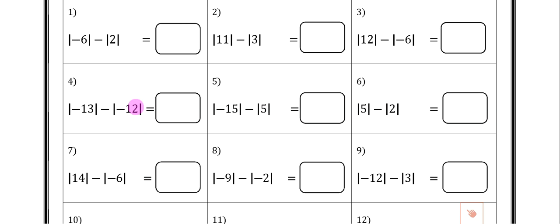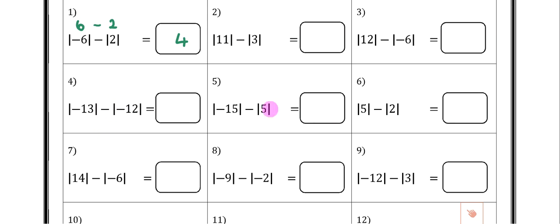What do we do here? The absolute value of 6 and the absolute value of 2. Yeah, so this one becomes 6 minus 2, which is 4. And again, the reason why I want to make the point is if we look at 4, look, we've got a negative and a negative, and some people think, oh, if you subtract a negative, you plus.